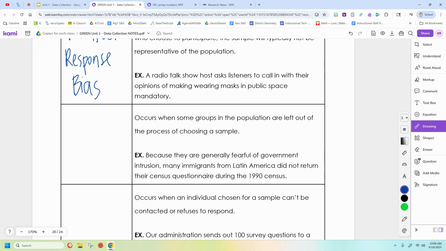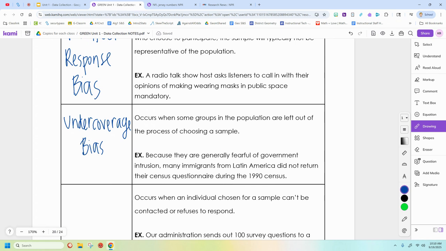Here is our next one, and this occurs when people are left out of the process when choosing a sample, and so that's undercoverage.